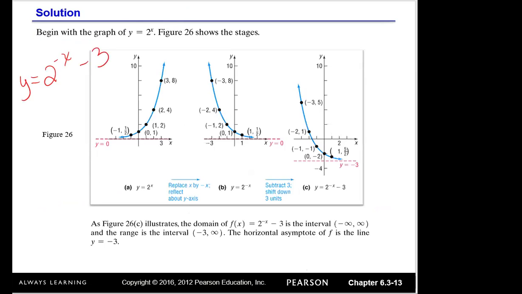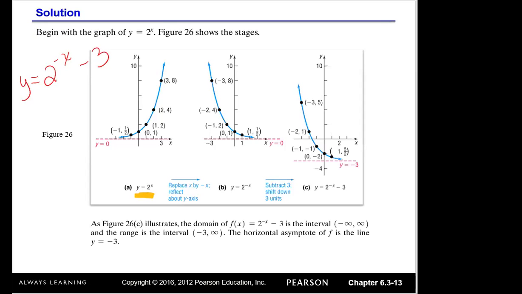So they tell you to start with the basic graph of y equals 2 to the x. And that is what my math lab will do also. When you click on the graph and you click the exponential tool in the toolbox, it'll start with y equal to 2 to the x or 3 to the x or whatever base it is. And then you'll have to tell it how to shift.